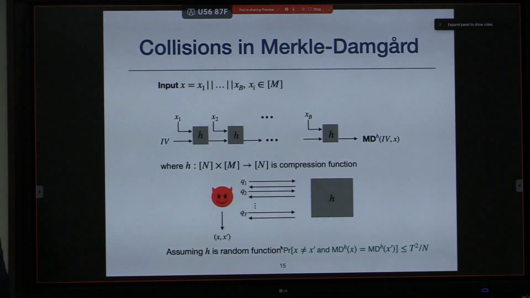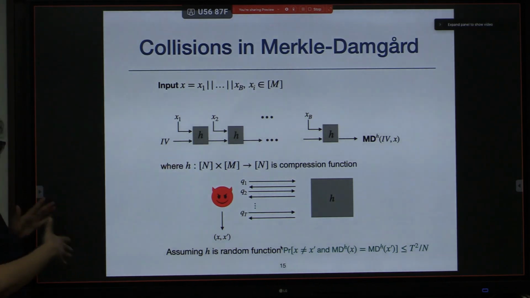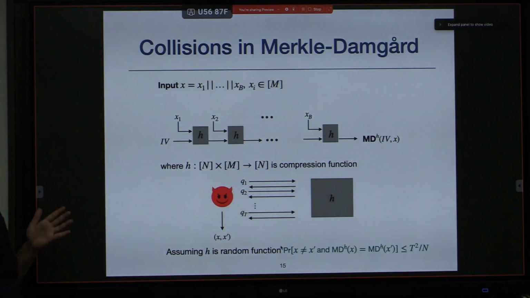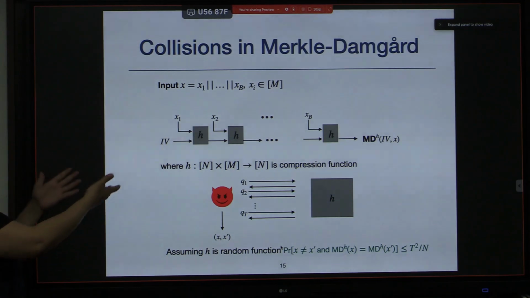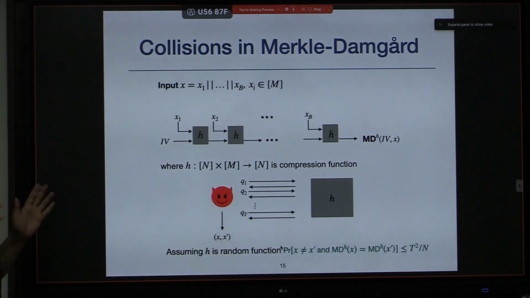So for this Merkle-Damgård, when we analyze it in the random oracle model that I defined before, we would think of this compression function as a random function. We won't think of this entire thing as a random function, because from the construction we know how we are using it.